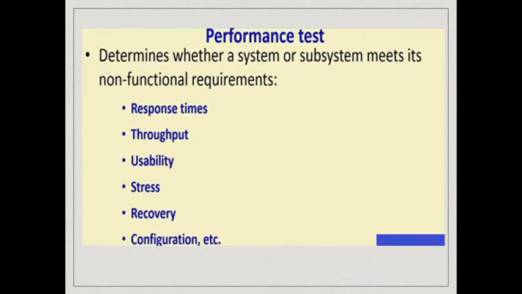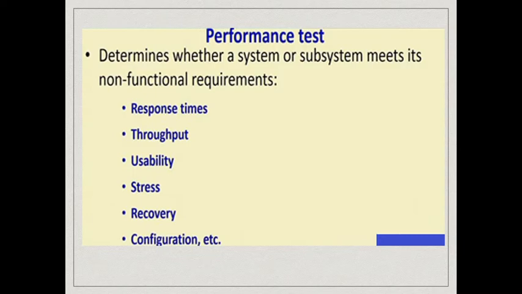And after all the issues that arise during the beta testing are addressed, the acceptance testing is performed by the customer. Once the system is delivered to the customer, they perform the acceptance testing and accept the software if it passes the acceptance testing, otherwise they return it. They do not accept it.